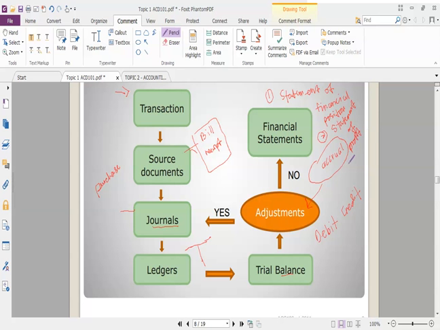On that statement we will find out whether your company is having a profit or loss. That is the financial statements, overall about accounting itself.